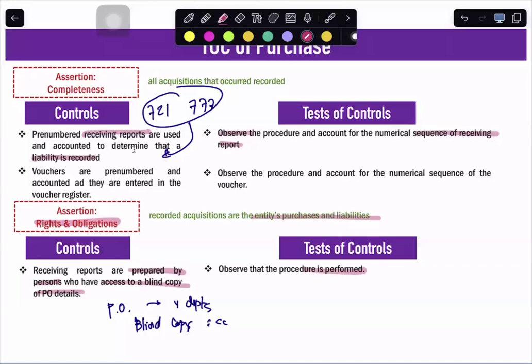Why only a blind copy? Because the details necessitating the PO are only known by the purchasing department based on the purchase requisition file. So it's purely a blind copy. How do we test that? Again, observe whether the procedure is performed.